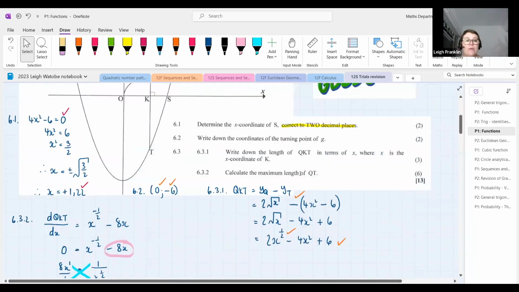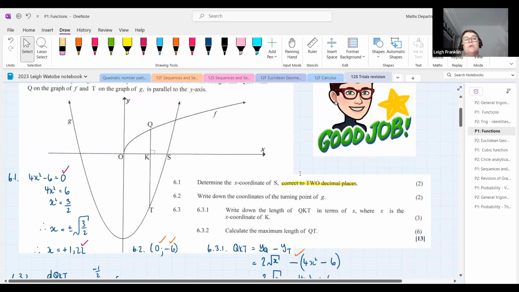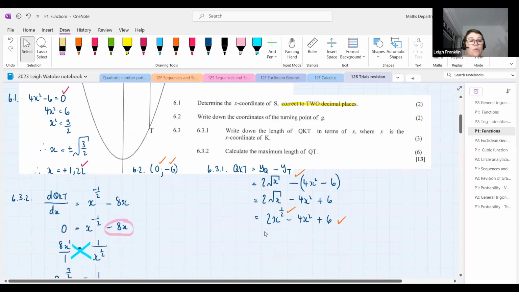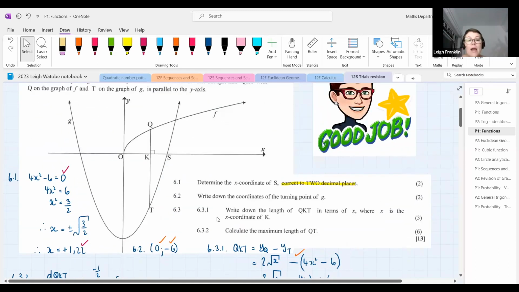The maximum length of QKT. So the maximum will occur when x is equal to 1/4. So the idea is this. This is the part that's hard to imagine, but QKT is not a fixed line. It can move.